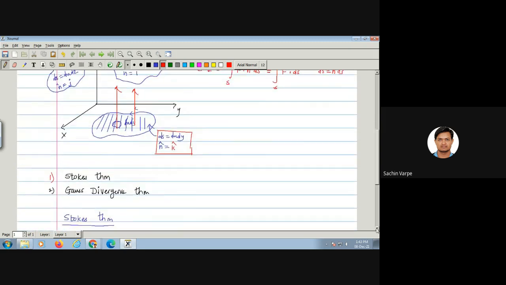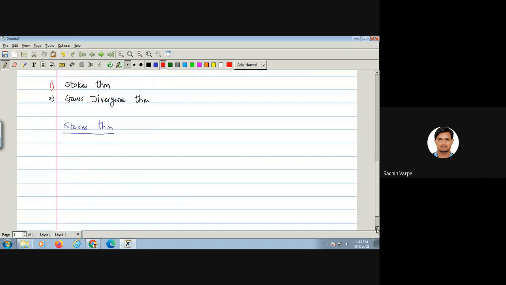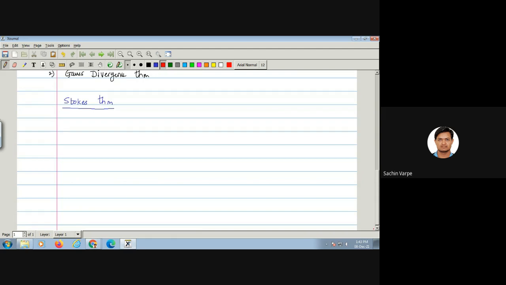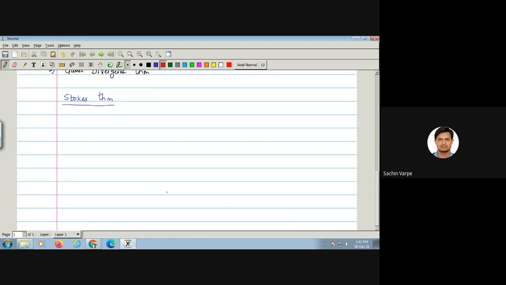The Stokes theorem is stated as follows. First of all, let me tell you that Stokes theorem is the relation between line integral and surface integral.